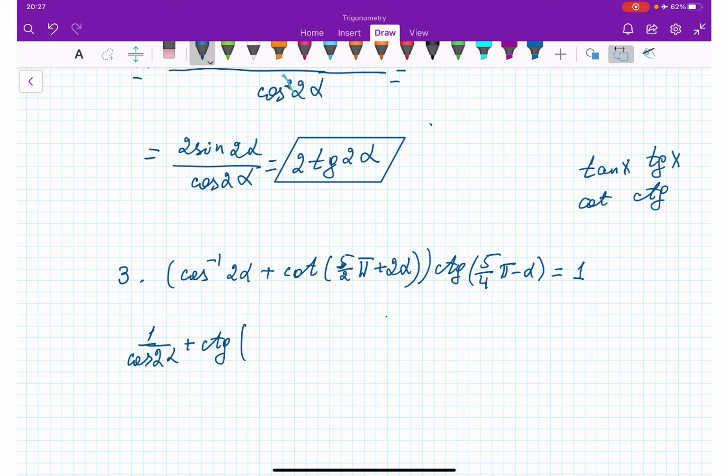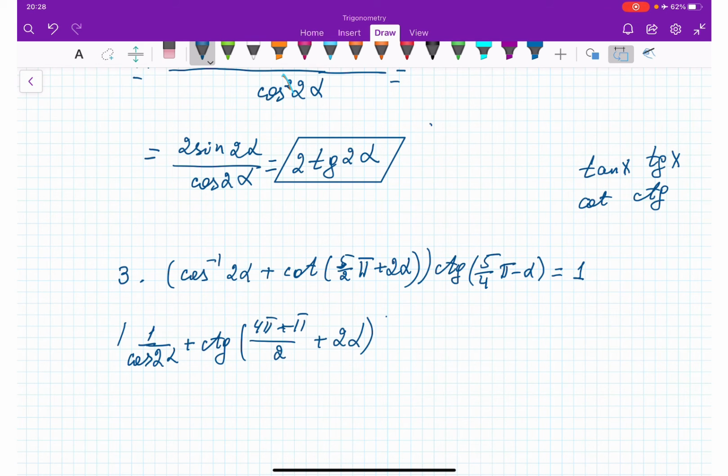So what am I going to do? 5 over 2, I'm going to break down into 4 pi plus pi. Why? Because 5 over 2, I can't do anything. I need to get the period out, and the period for cotangent is 1 pi. So I'm going to put (4 pi plus 1 pi) divided by 2 and plus 2 alpha, right?